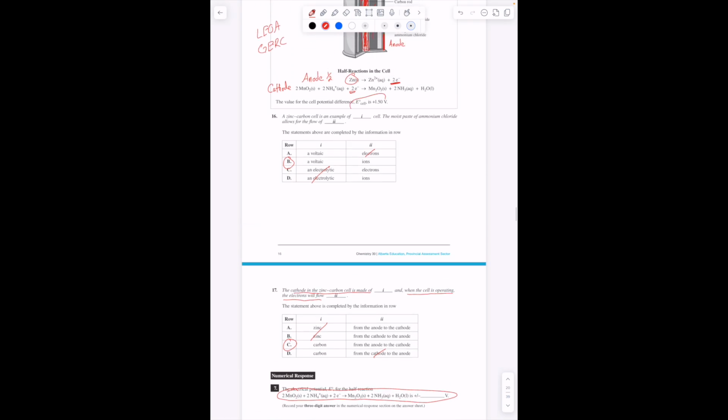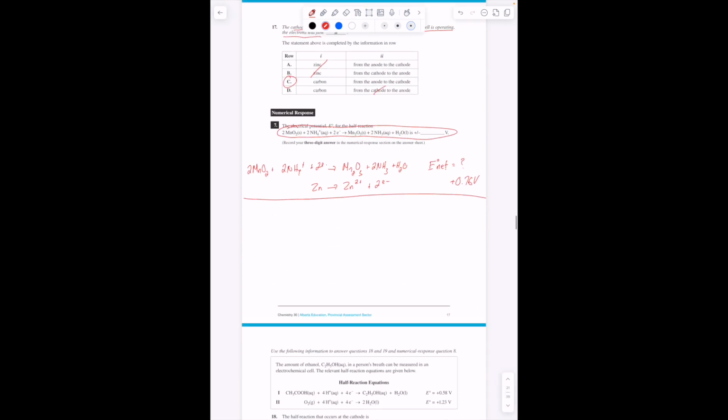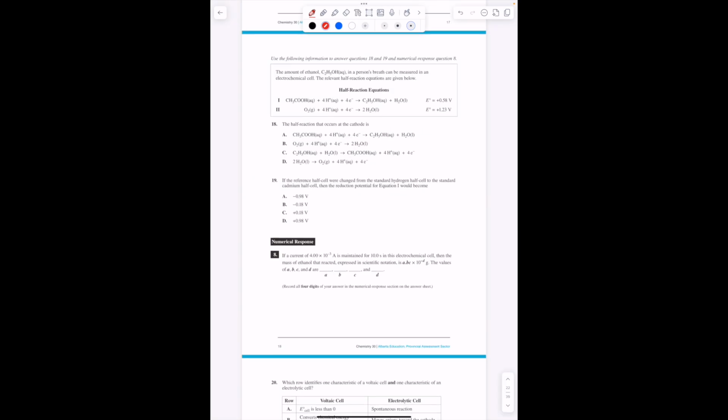Oh, I know the net voltage is 1.5. So I'm not even going to write all that. The net voltage is 1.50 volts. So what's the missing voltage? Well, I do a quick subtraction, and this comes out to 0.74 volts. That's positive for the reduction equation, and that's what they were asking. Perfect. So this answer is 0.74. Okay, done.